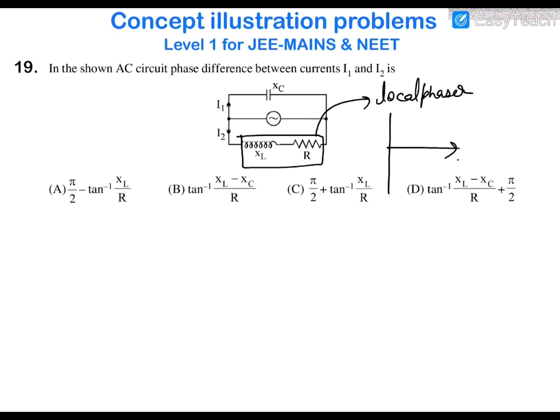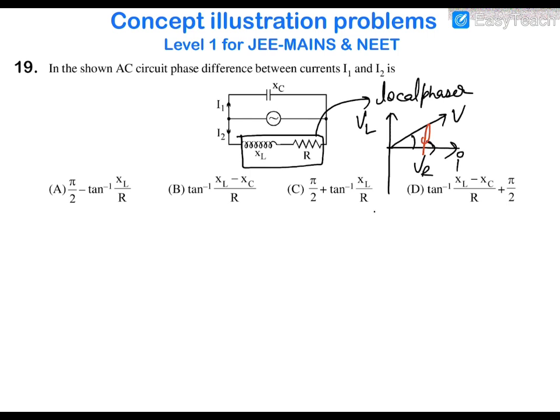So current will be on the x-axis, because in series combination, current is the same factor. The voltage across resistance VR is along the current like this, and the voltage across inductance is ahead of the current, like this, and the net voltage V will be ahead of the current by a phase of phi. Let us suppose that it is phi.